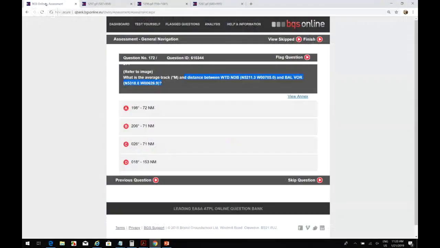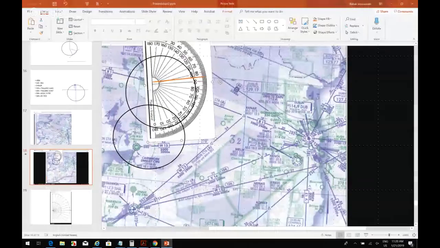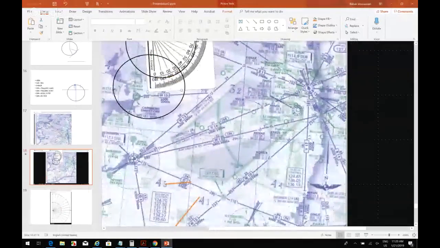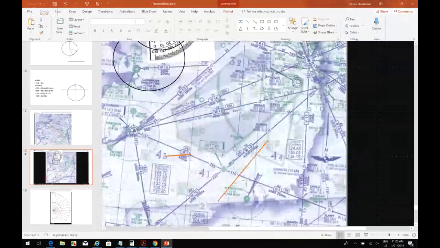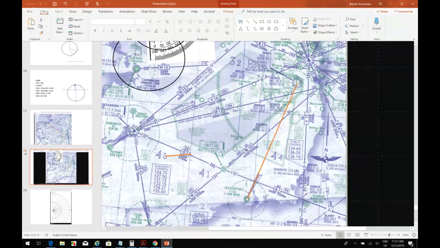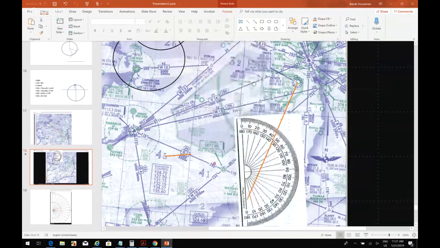So the question is, what's the average track and distance? Okay, let's do that using our chart over here. There's Waterford, going to Baldonnel, over here. And the average track.